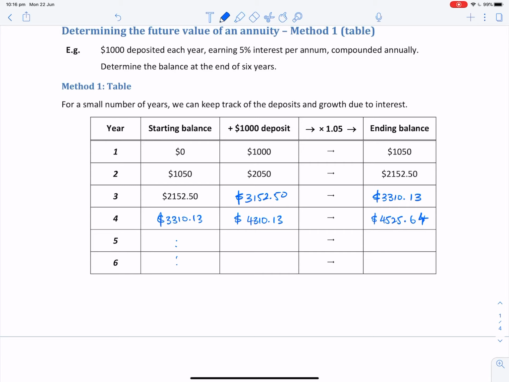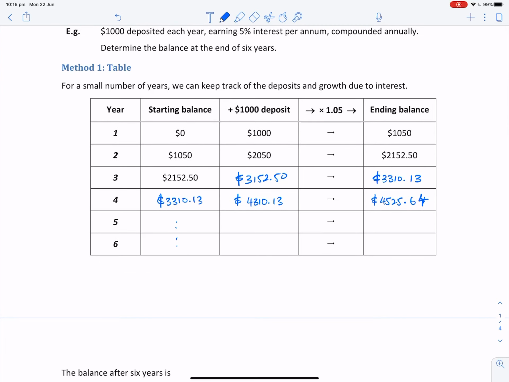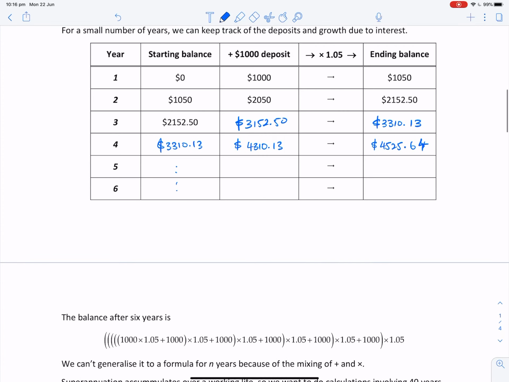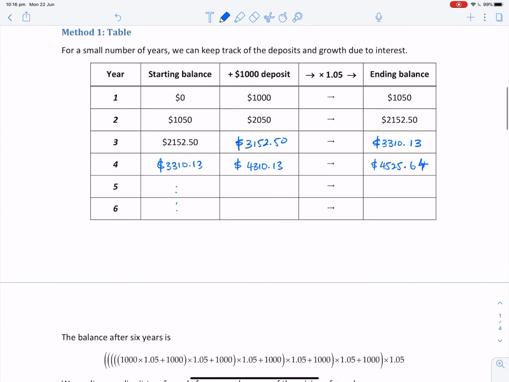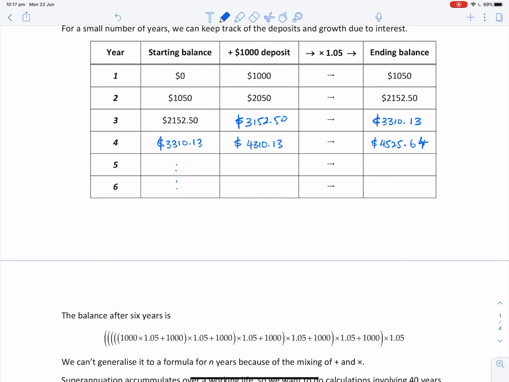Naturally, with superannuation or any savings plan, we'd like to know the potential future value decades out, and so working it out in a table like this is not great. The balance after 6 years is given by this beast of an expression, which is not practical, just included for interest.